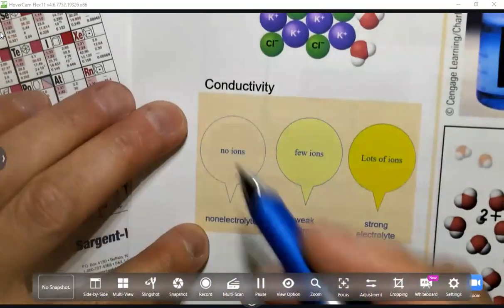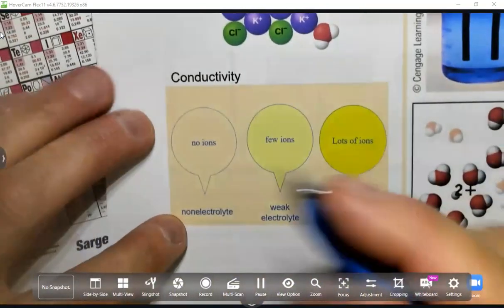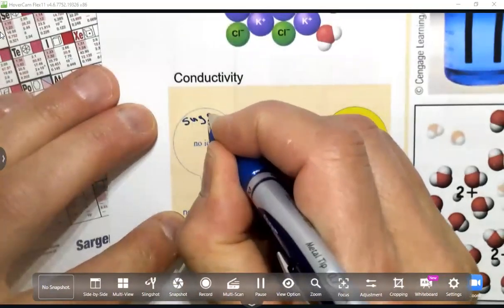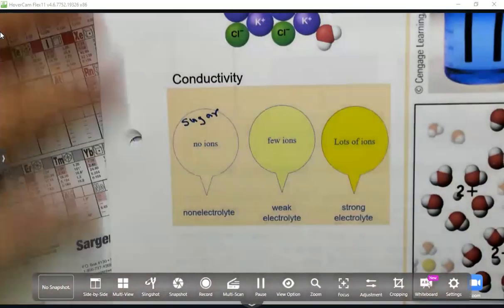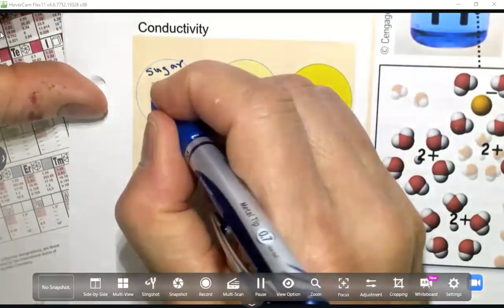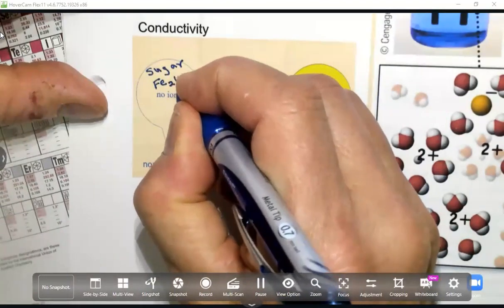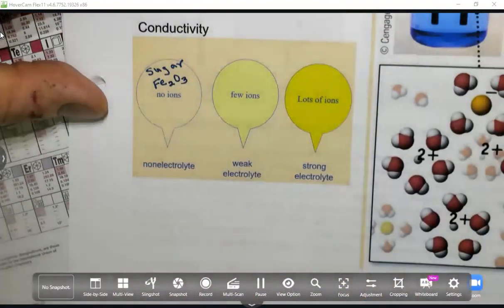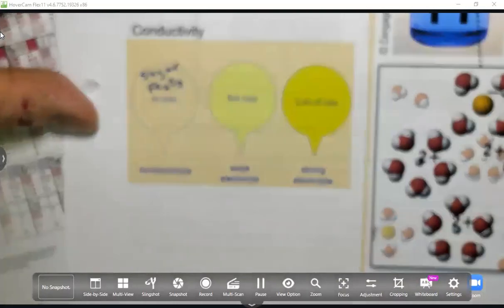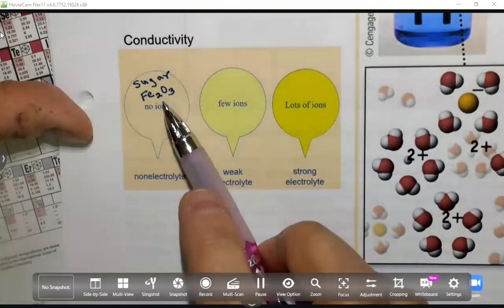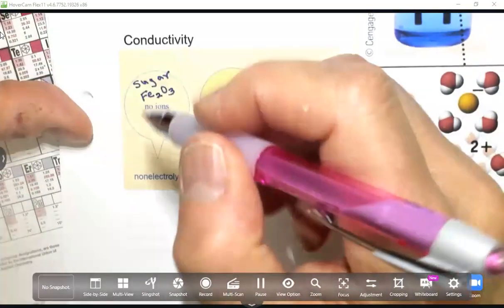If you get no ions, an example of that would be sugar. And the other example of that you're going to do is iron oxide, because this iron oxide is not soluble.